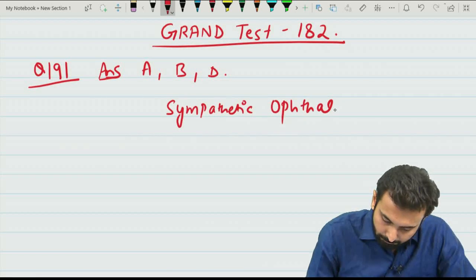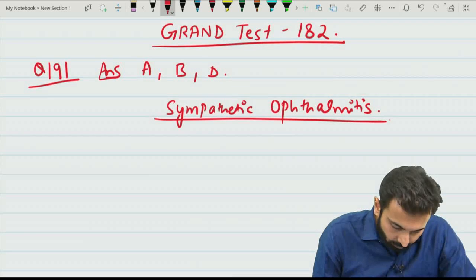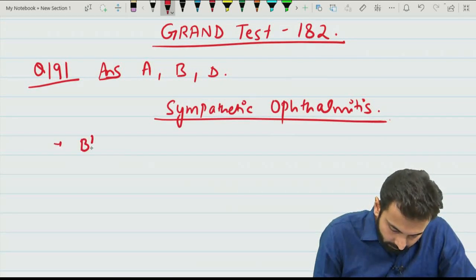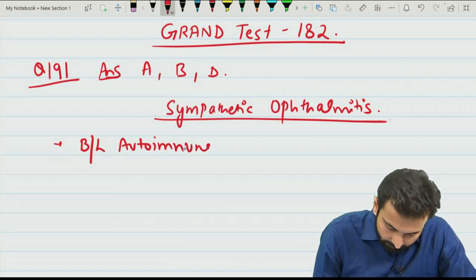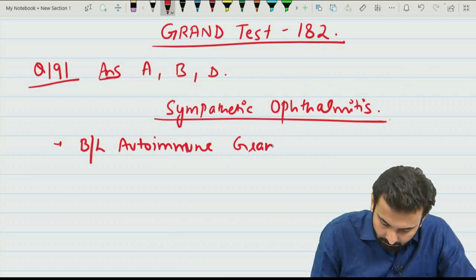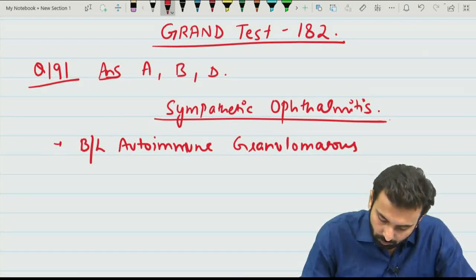What is sympathetic ophthalmitis? Sympathetic ophthalmitis is a bilateral autoimmune granulomatous reaction. Autoimmune granulomatous means it is non-suppurative.